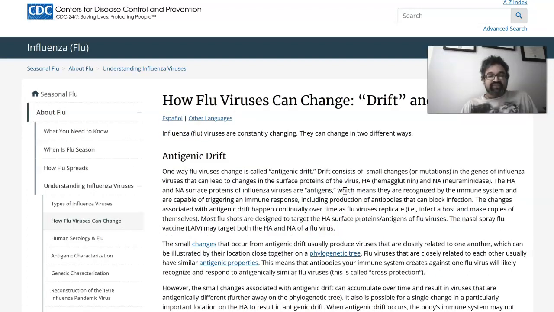So antigenic drift is drift consisting of small changes in the genes. But then antigenic shift is when there's way more differences, and that actually can be dangerous enough to cause a pandemic.